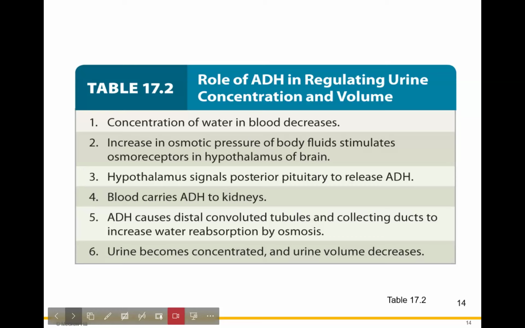Don't worry about the term osmosis. Osmosis is just the diffusion of water. So it allows water to be reabsorbed and therefore makes your urine more concentrated and decreases your urine volume.